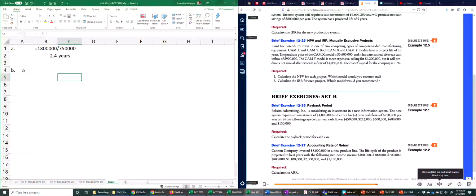I think there's 5, right? $450,000 in the first year, $225,000 in the second year, $600,000 in years 3 and 4, and $150,000 in year 5.